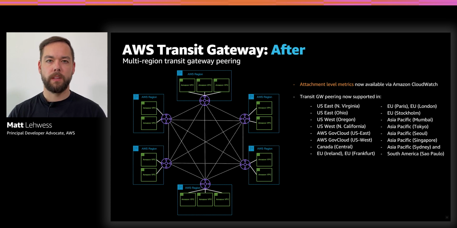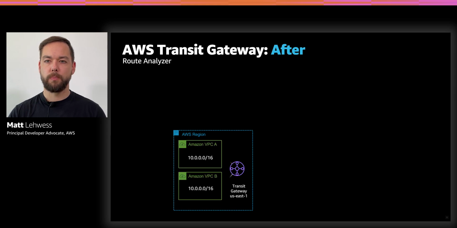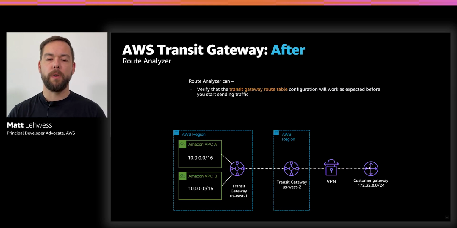We've also launched what's called Route Analyzer, and I'll cover this pretty quickly here, but essentially Route Analyzer gives you the ability to verify the transit gateway route table configuration so that you know that it's going to work as expected. So you can basically validate your routes and make sure they're there where they should be.